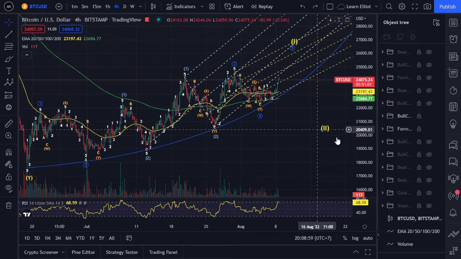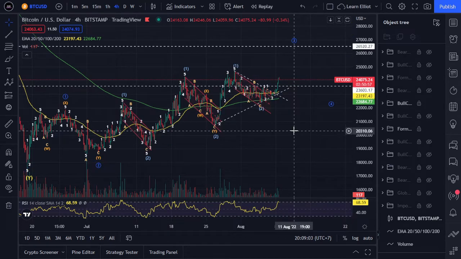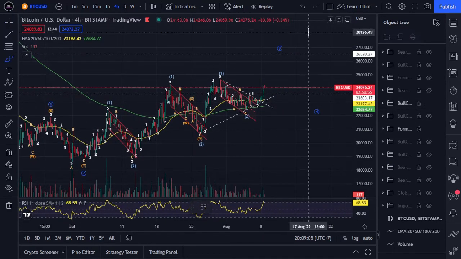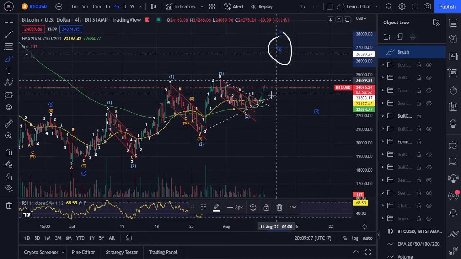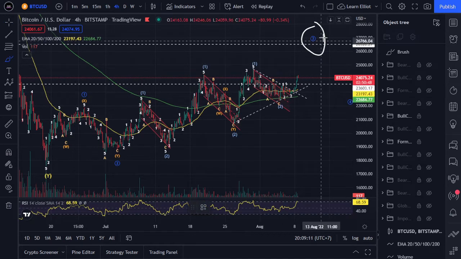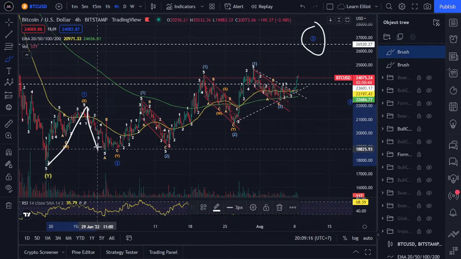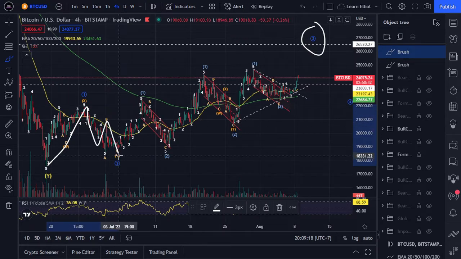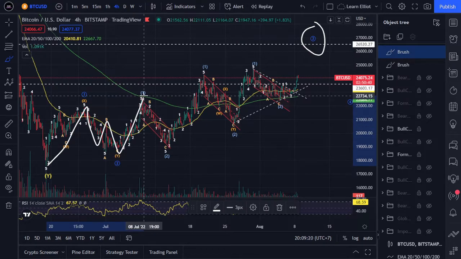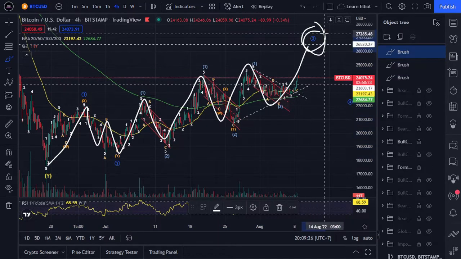But in my second bull case scenario, I'm assuming that the third wave hasn't completed yet. So we are still in the direction to wave 3 here. We have wave 1 here, an ABC correction to wave 2, and a correlating pattern, wave 1 2 1 2 1 2, and now we are in wave 3 here.